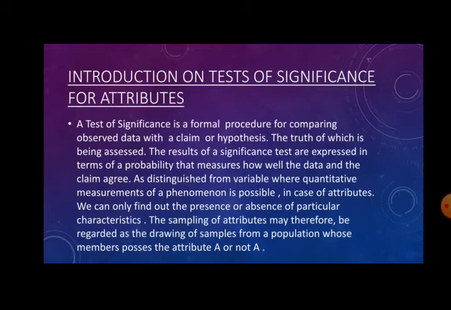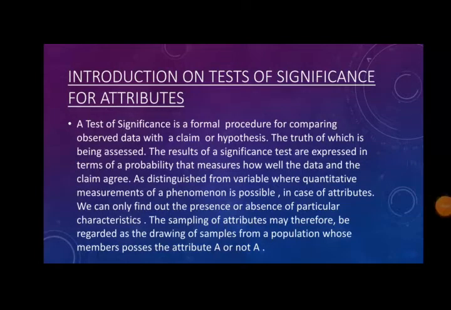In case of attributes, we can only find out the presence or absence of particular characteristics. The sampling of attributes may therefore be regarded as the drawing of samples from a population whose members possess the attribute A or not A.